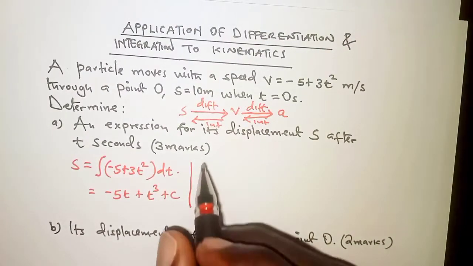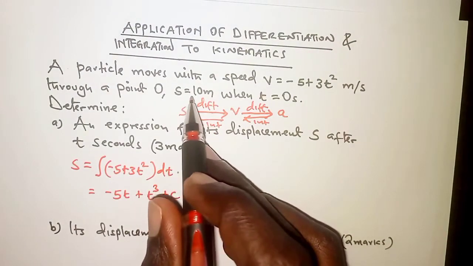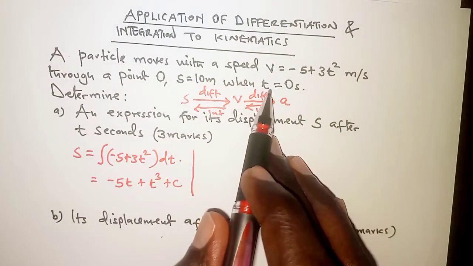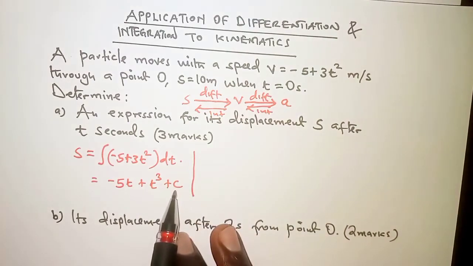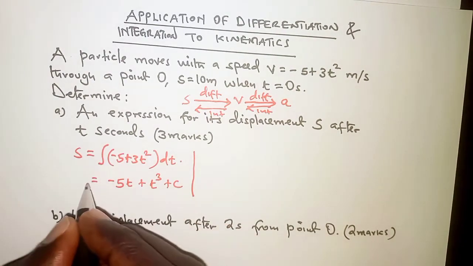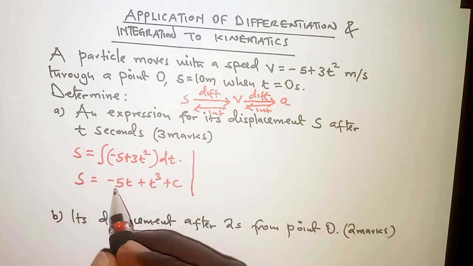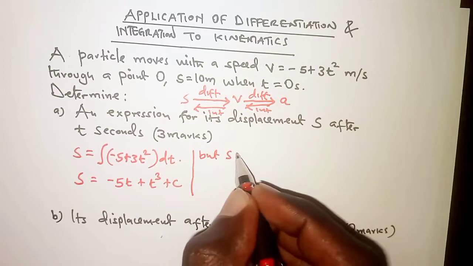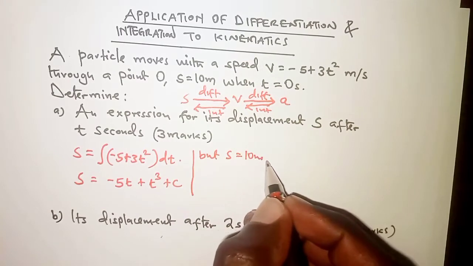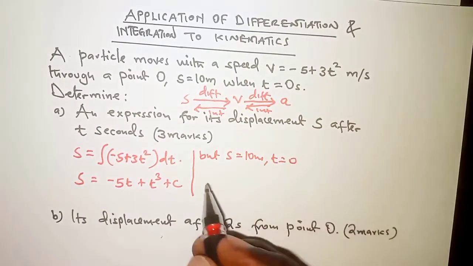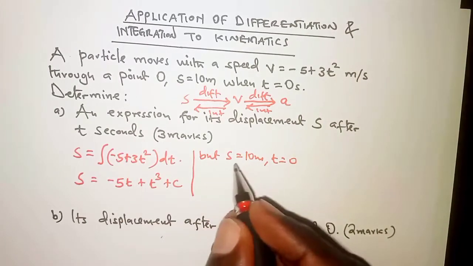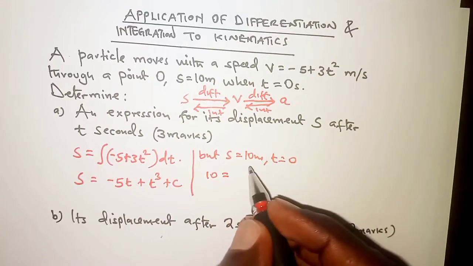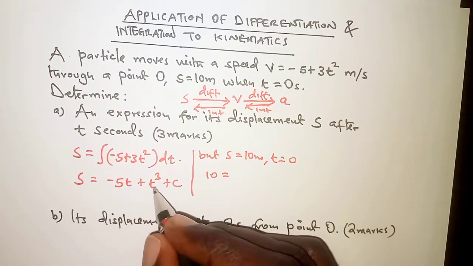Next, we are also told that the displacement is 10 meters when the time is 0. This information here is important in that it will help us determine the value of c. So for this equation here, we have s is -5t plus t cubed plus c, but s is equal to 10 meters when t is 0. So substituting these here, we'll have 10 is equal to -5 times 0 plus 0 plus c.